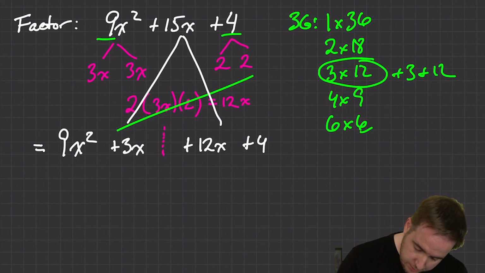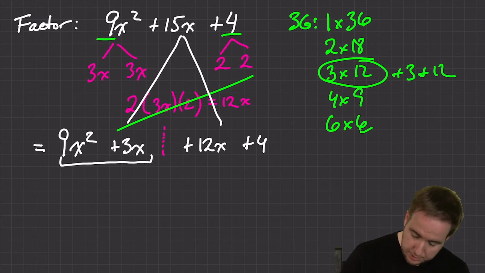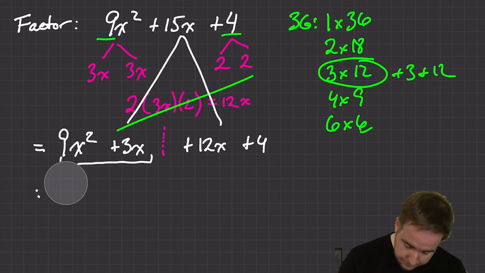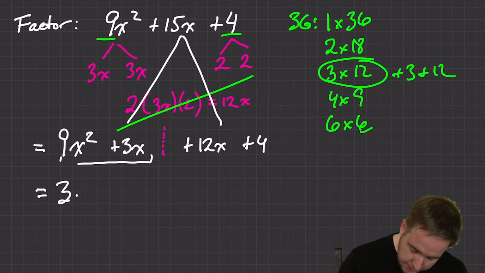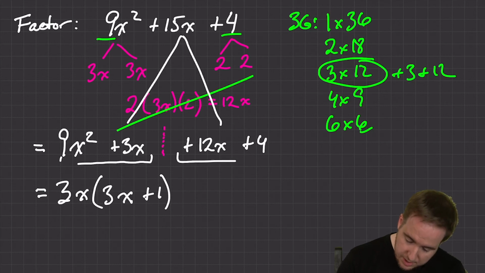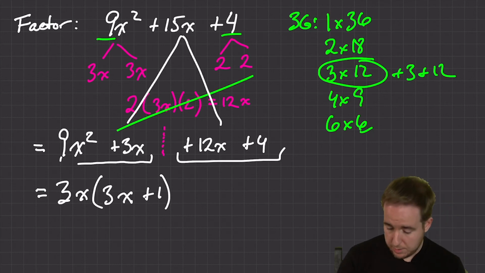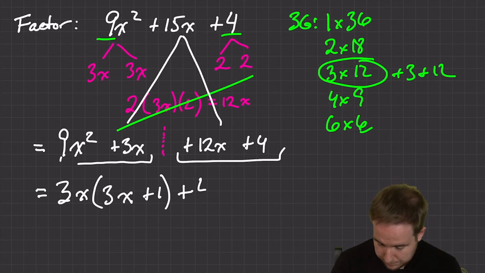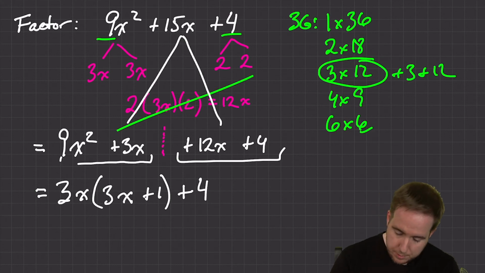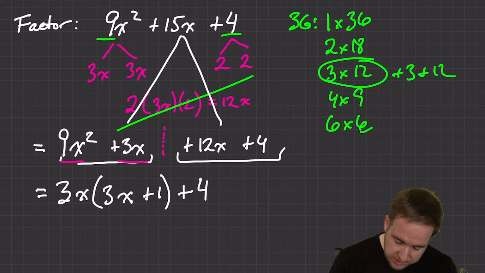Imagine separating the two. Look at just the first one. I can pull out a 3, I can pull out an x. This leaves 3x plus 1. And on this side, both of those numbers, 12 and 4, are divisible by 4. Always remember that these are terms separated by addition.